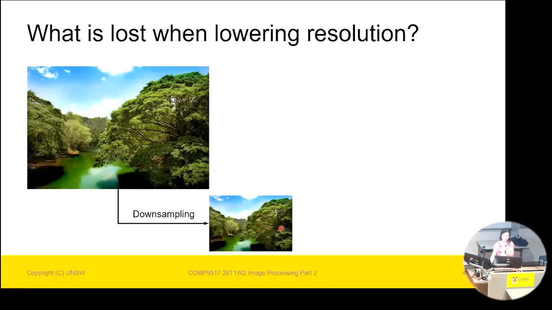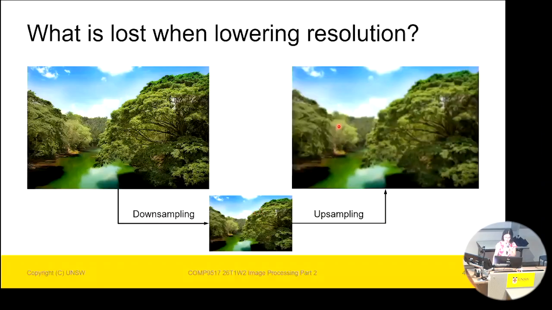Once you have the downsampled image, if you look at just this image, it might look very much the same as the original image, but if you try to do upsampling, then you will see a huge difference between the upsampled image and the original image.